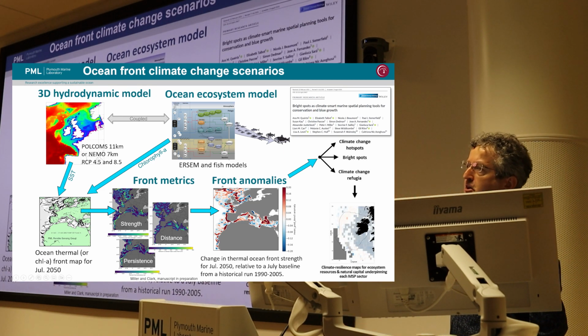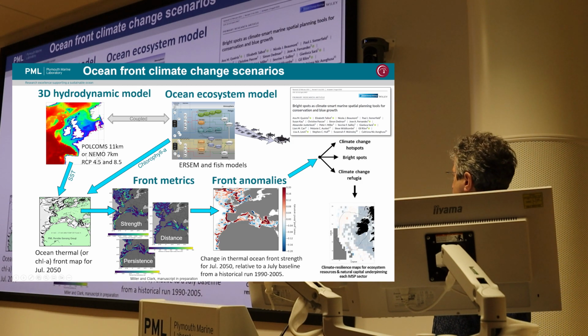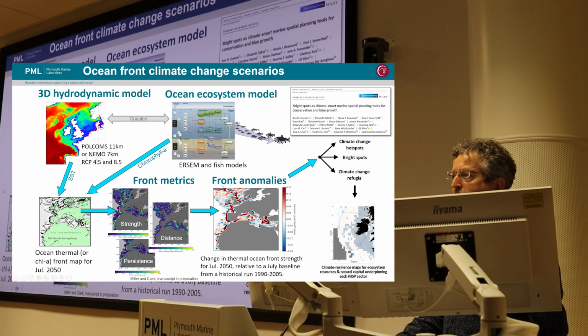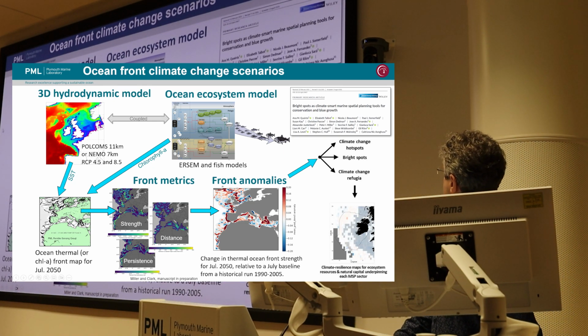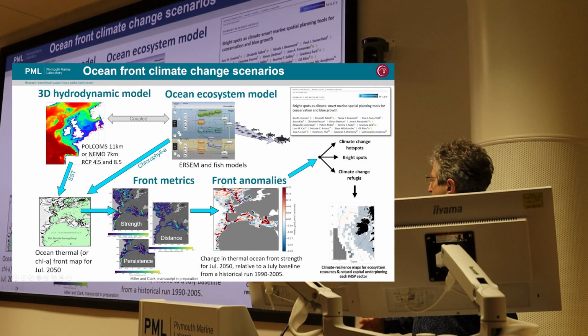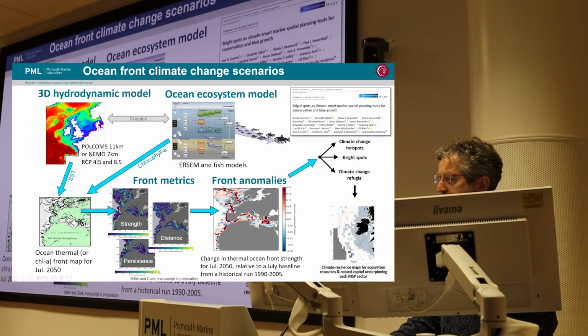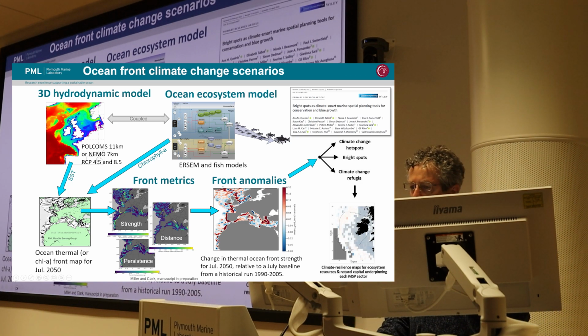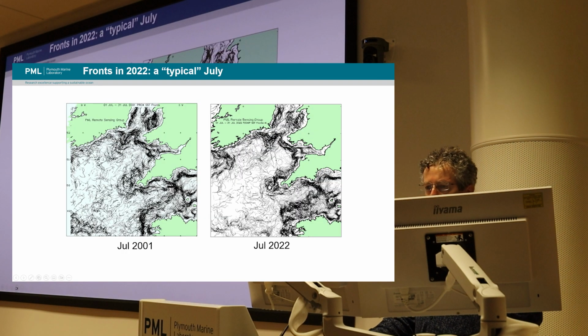So if you know what's changing in terms of relevant properties for fisheries, then you can make a climate-resilient protection. So her work's looked at climate change hotspots and bright spots where you can use this information to better protect the marine zone going forwards.